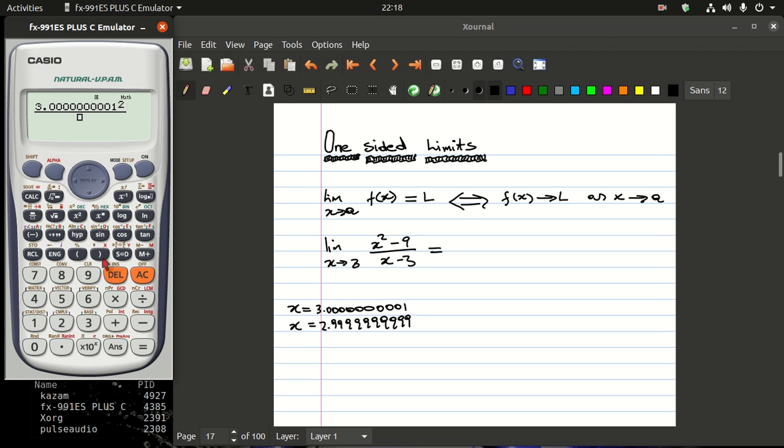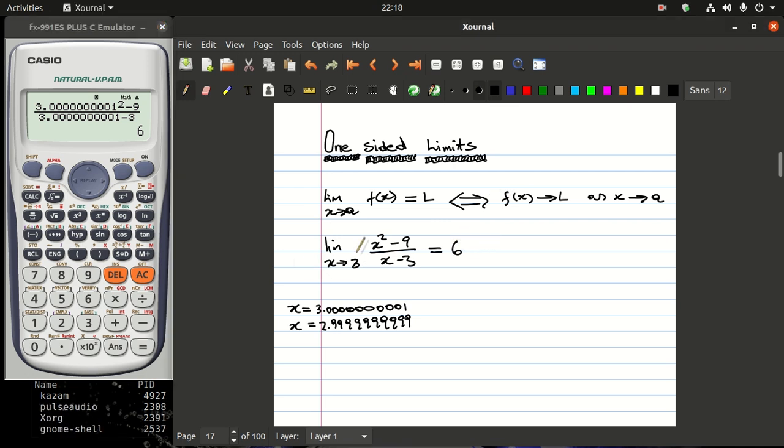I square it, I subtract 9, and then I divide by 3.0000000001 minus 3. So this x is the value that is so close to 3 that I actually pick. The value that I'm getting here is 6.